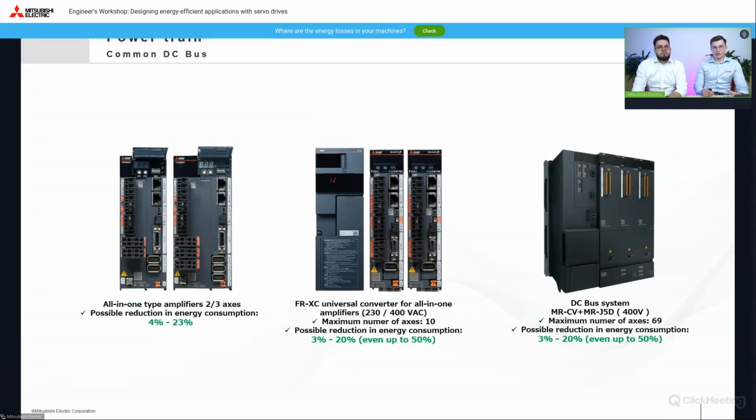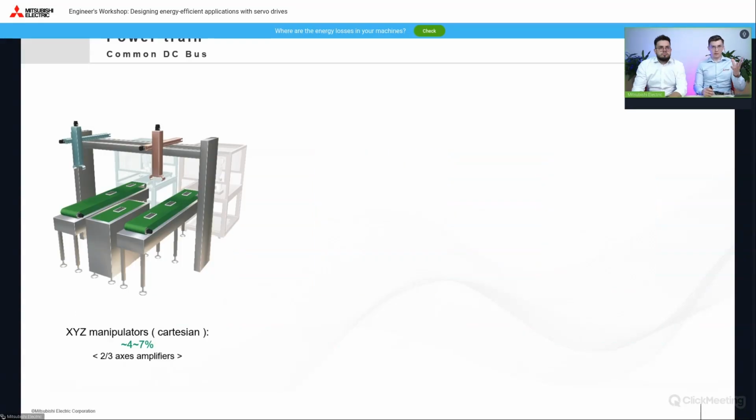In either case, however, the duty cycle is always very important. Because from our experience with various projects, you can say that, for example, Cartesian systems with 2 or 3 axis amplifiers are the best for the Cartesian, yes. You need just one amplifier mostly for the whole machine.